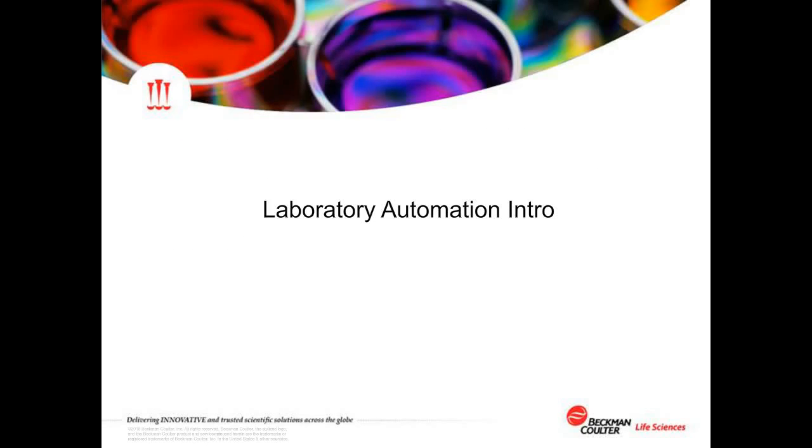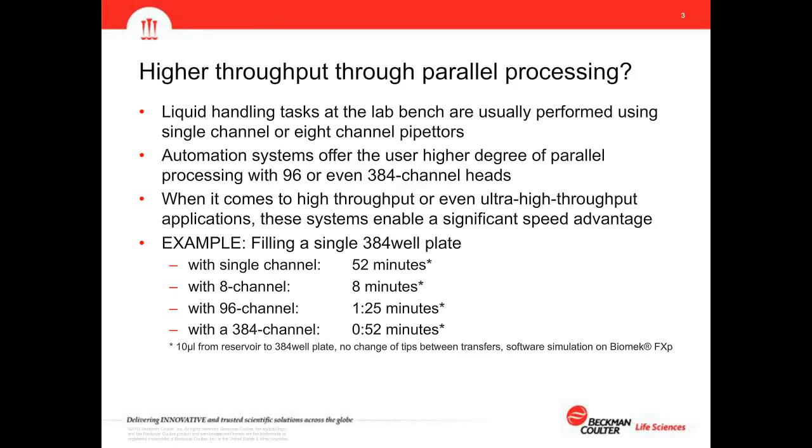So for the intro, how do we achieve higher throughput? Well, the key to higher throughput usually is parallel processing. If you look at how you handle samples in your laboratory at the bench, it's usually performed using single-channel or sometimes 8-channel pipetters.